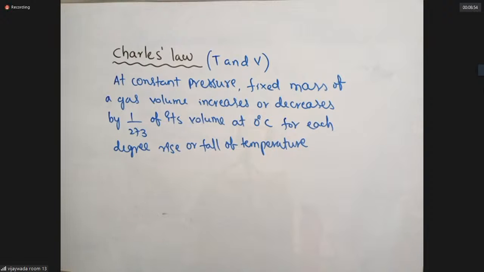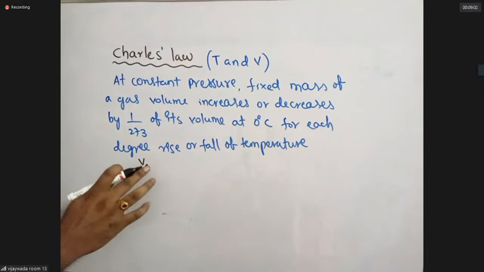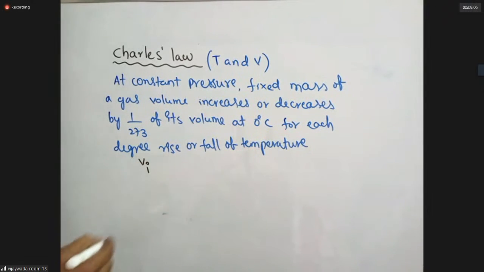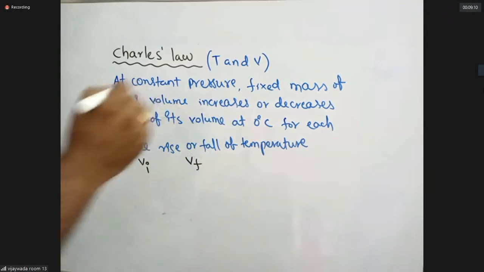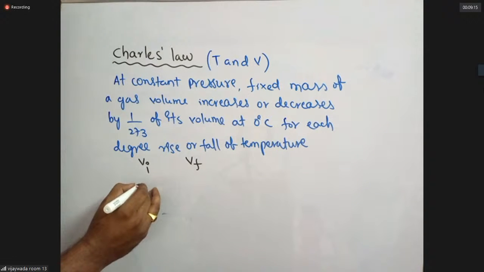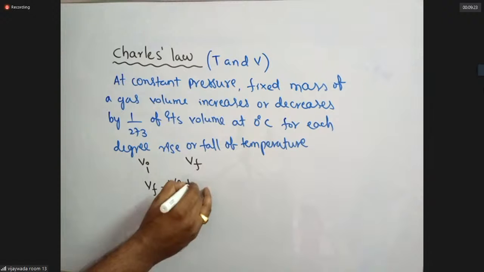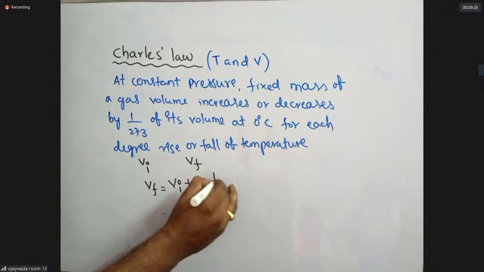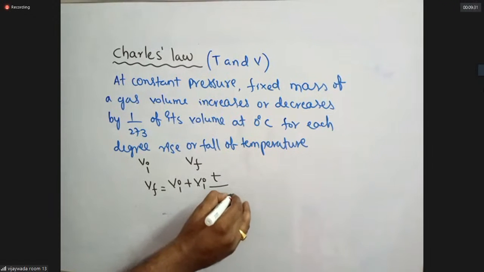So how can we express this mathematically? Initial volume, let's say VI. By changing temperature, the final volume is VF. V final must be equal to V initial plus V initial into T by 273.15.